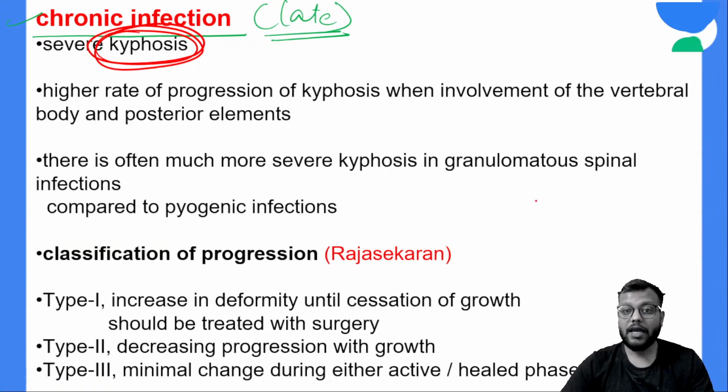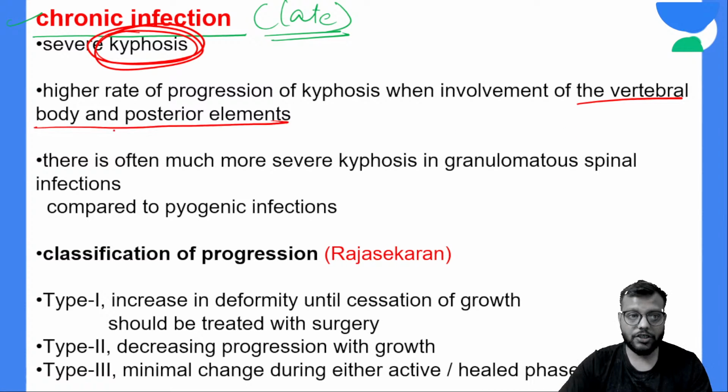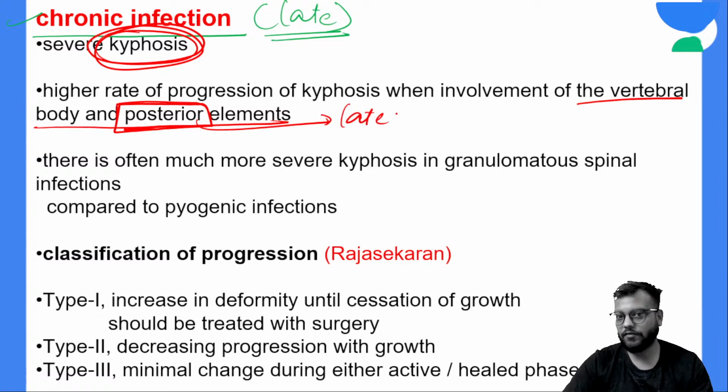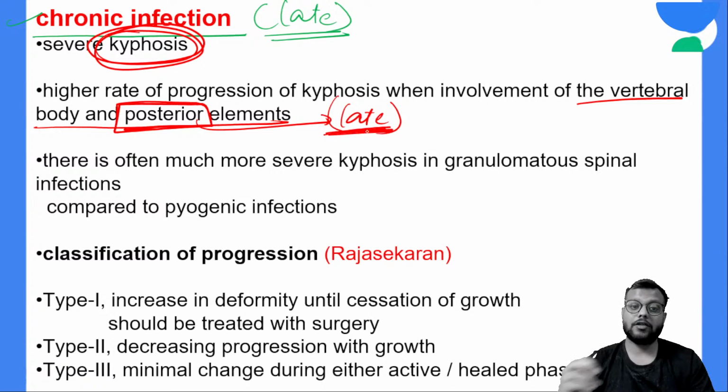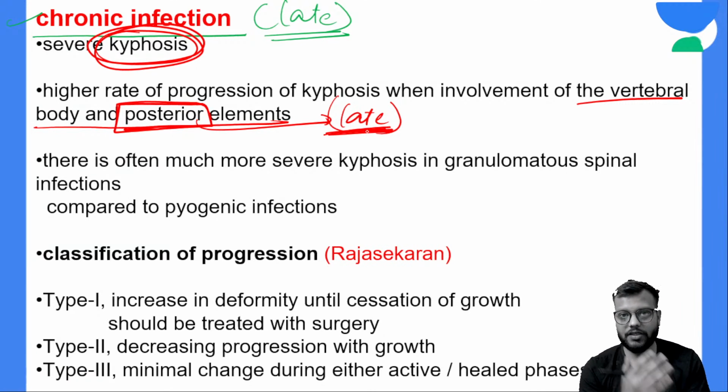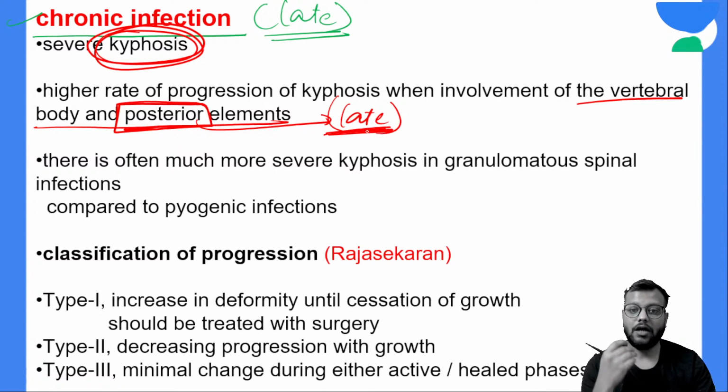If the involvement is of the vertebral body and the posterior part, most commonly the anterior part is involved and the posterior part is involved in the late stages. We have already discussed it many times. So if there is posterior involvement, it means that the disease has progressed to a very advanced or late stage, so the progression of kyphosis will be at a higher rate.